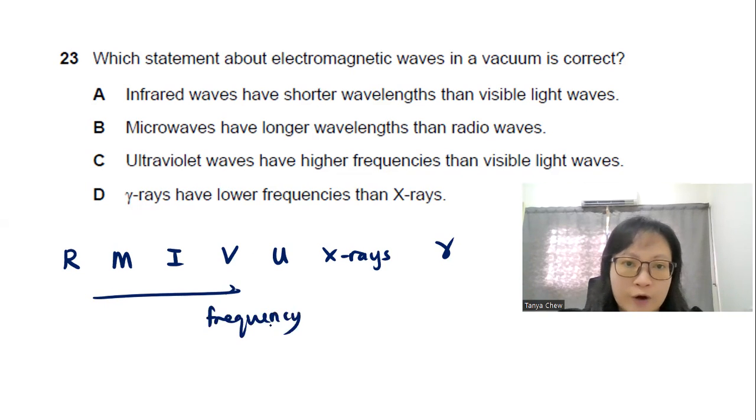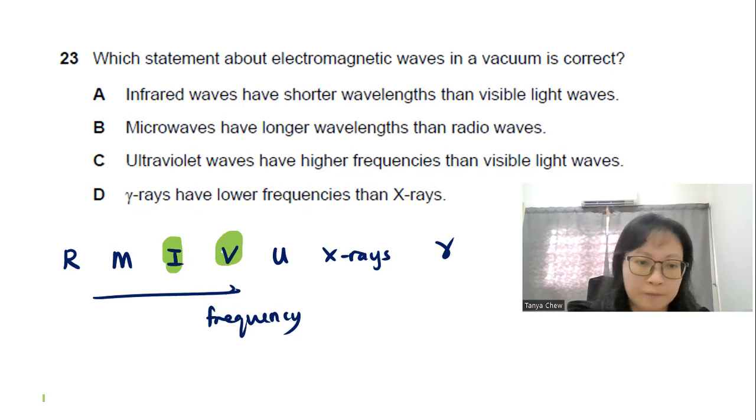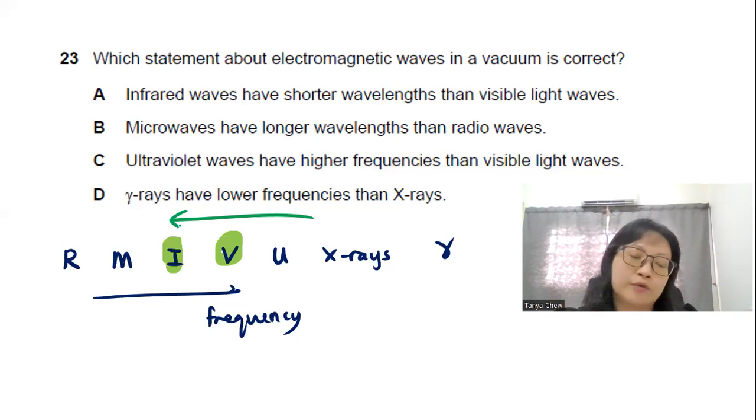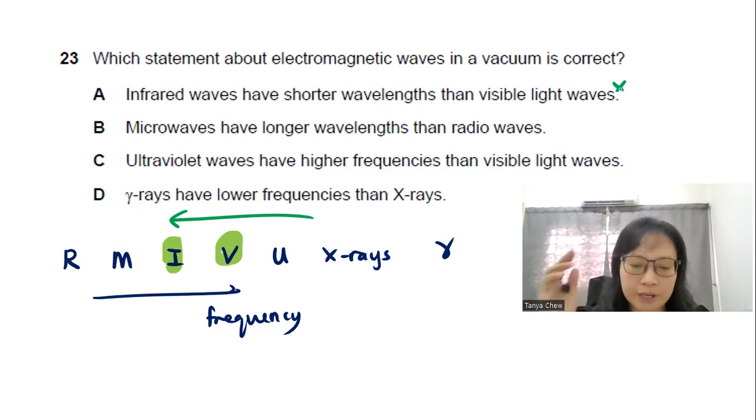Let us look at A, infrared has a shorter wavelength as compared to visible light. That is not true because when the frequency increases towards the right, the wavelength will be decreasing towards the left. So this is not true. B, microwave has longer wavelength than radio wave.